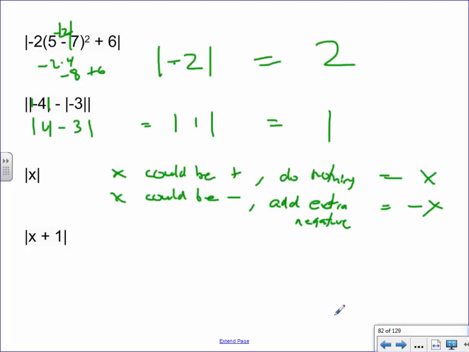Let me try an example here. Let's say that x was negative 3. Hypothetically, let's say this was negative 3. See how, because it's a negative right here, we know that this would turn into positive 3, right? Because we know that's what absolute values do. An absolute value just removes the negative sign. But how does it go about doing that? Well, it does it by adding an extra negative sign.